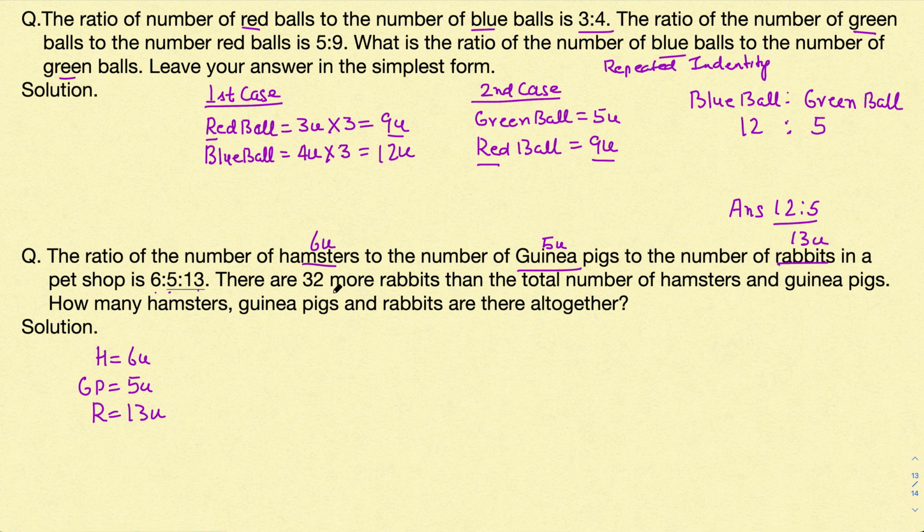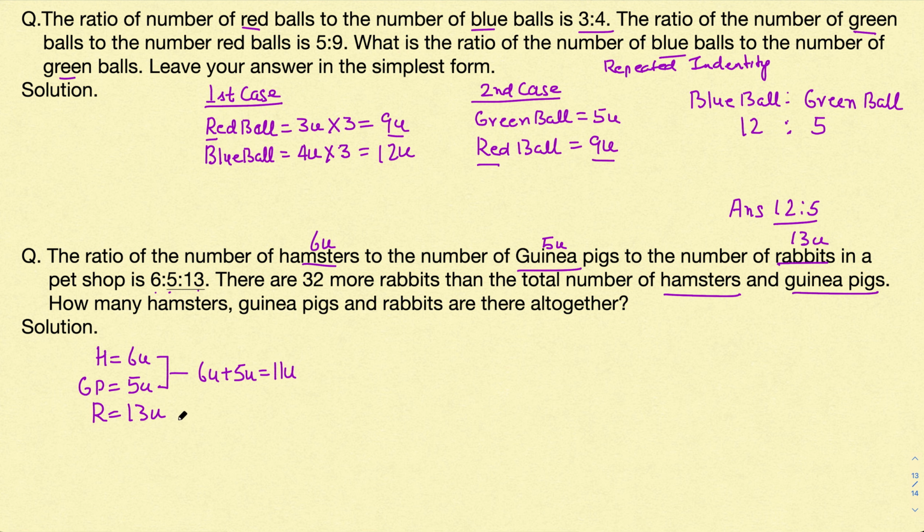Now there are 32 more rabbits than the total number of hamsters and guinea pigs. So the total number of hamsters and guinea pigs together is how much in terms of units? It is 6 units plus 5 units, which gives you 11 units.